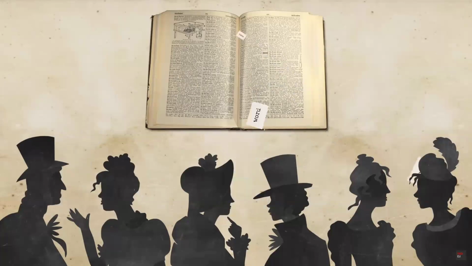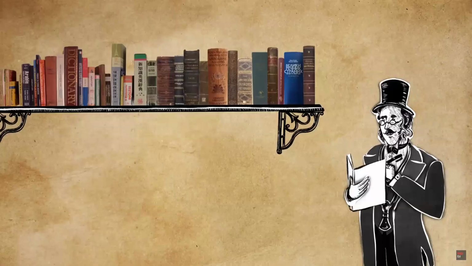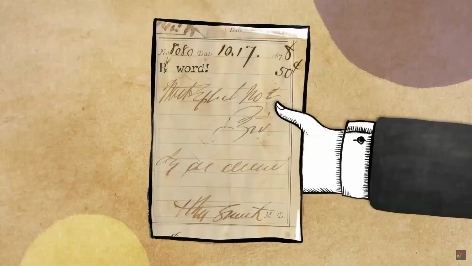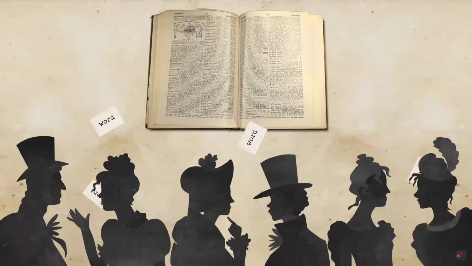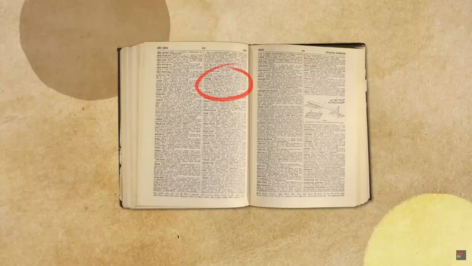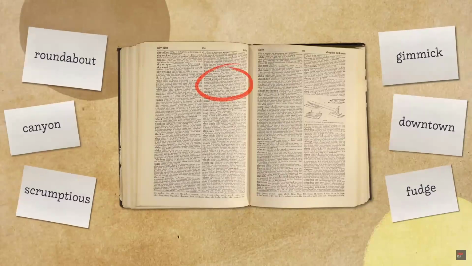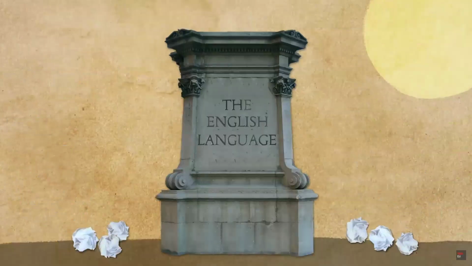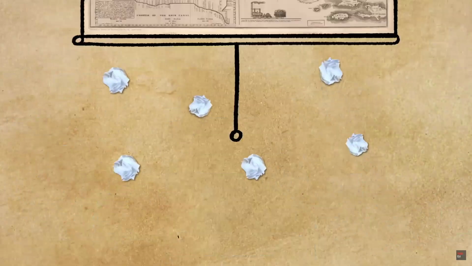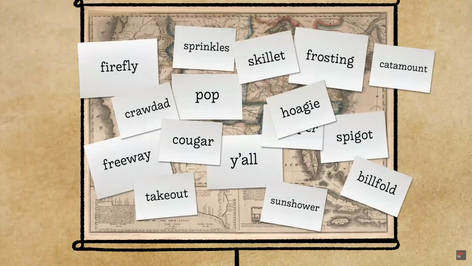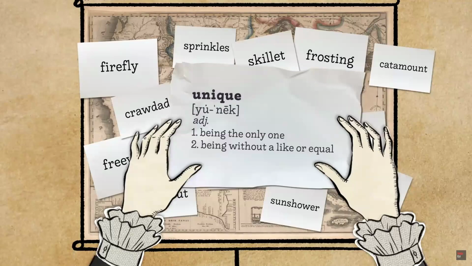Most dictionaries in Webster's time were prescriptive. They dictated how words should be used, rather than documenting the way people actually used language in daily life. When Webster broke this convention and included slang words in his dictionary, critics accused him of polluting the English language. But he argued that these words captured local variations of language, a vital part of what made American English unique.